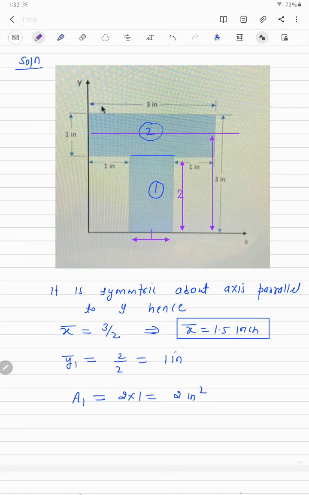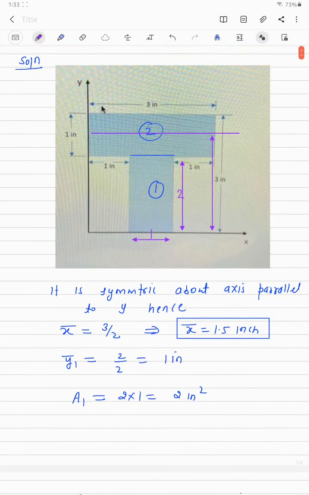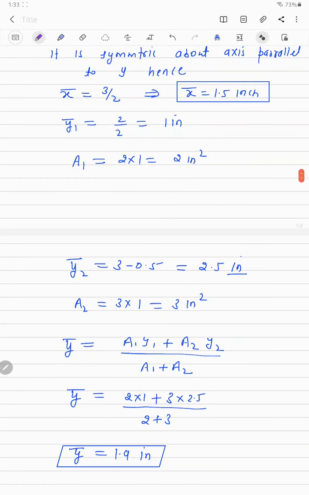So y2 will be, the total distance is 3, we subtract 0.5, so y2 will be 3 minus 0.5, 2.5. Generally students make the mistake of taking y2 as 1 divided by 2.5. It won't be that, because we are taking all distances from the reference axis and our centroid will be the distance from the reference axis only. So y2 will be 2.5.